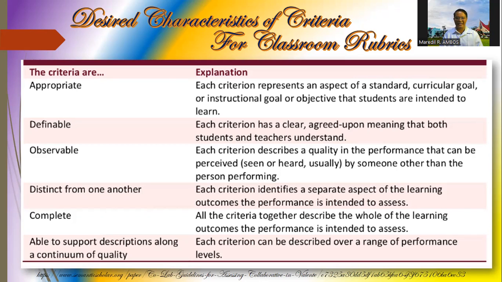Each criterion can be described over a range of performance levels. Again, these characteristics are appropriate, definable, observable, distinct from one another, complete, and able to support descriptions along a continuum of quality.